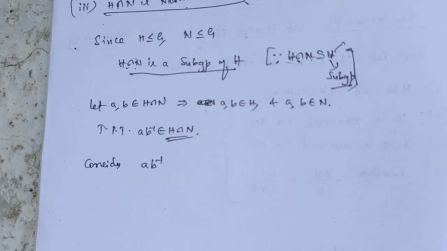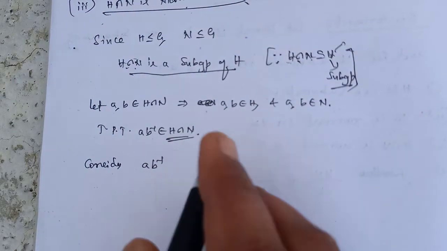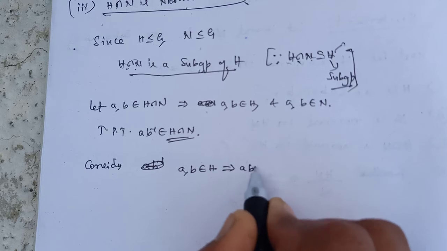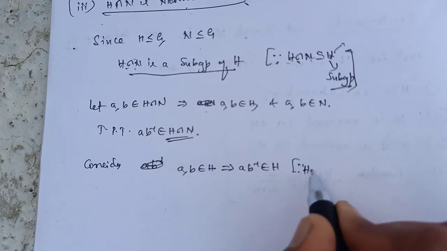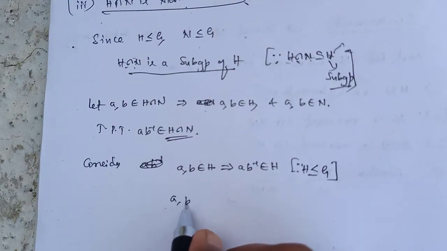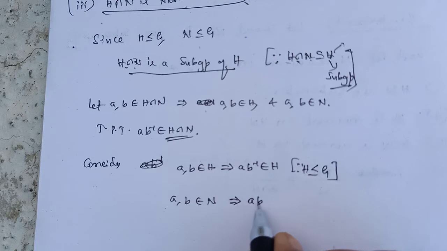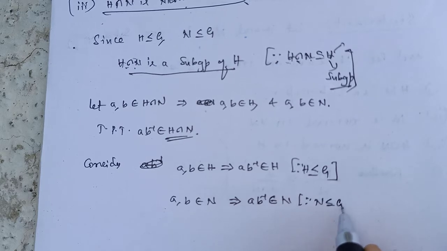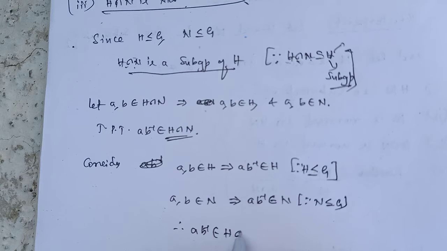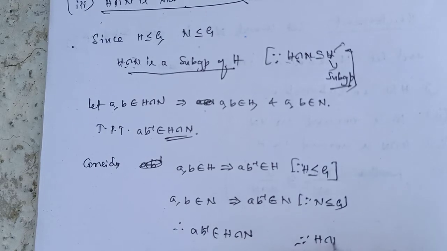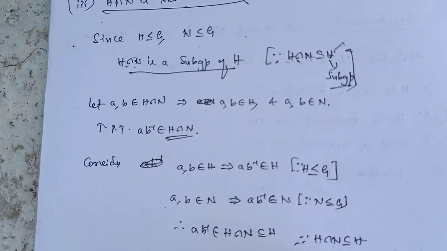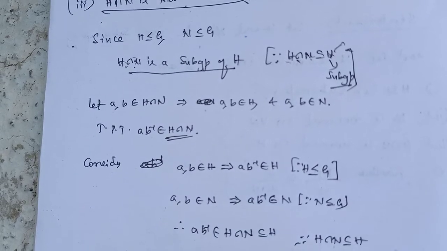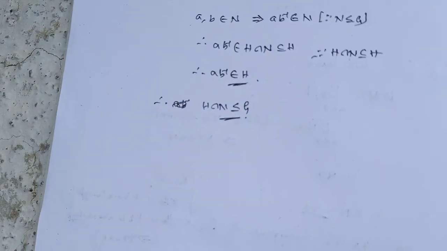Since a, b belong to H implies ab inverse belongs to H, since H is a subgroup, and a, b belong to N implies ab inverse belongs to N, since N is a subgroup of G. Therefore ab inverse belongs to H intersection N. Therefore H intersection N is a subgroup of G.